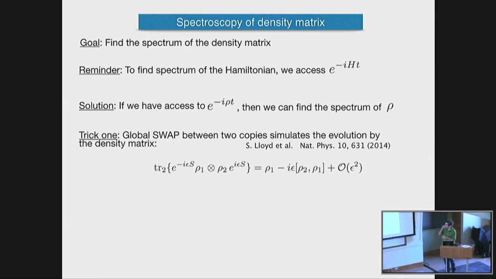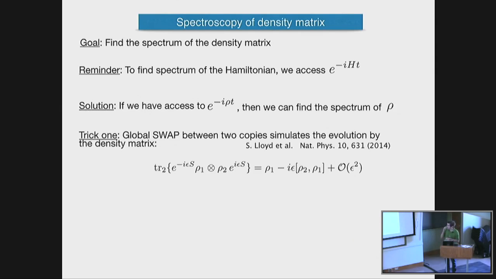We use a trick that was introduced by Sitloit and company: if you have a global swap operator, and I have two copies, rho 1 and rho 2, and I apply e to the minus i epsilon S, where S is the global swap operator, to the first order in epsilon, it's as if rho has evolved with the other density matrix.